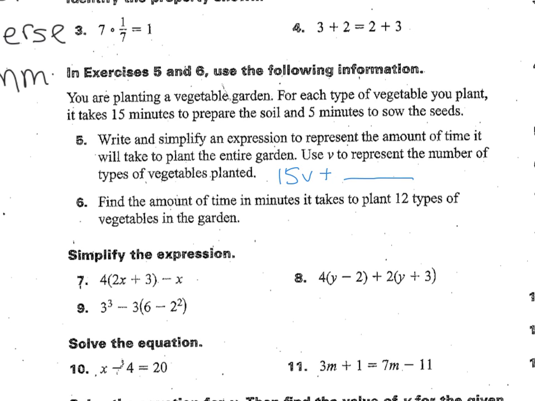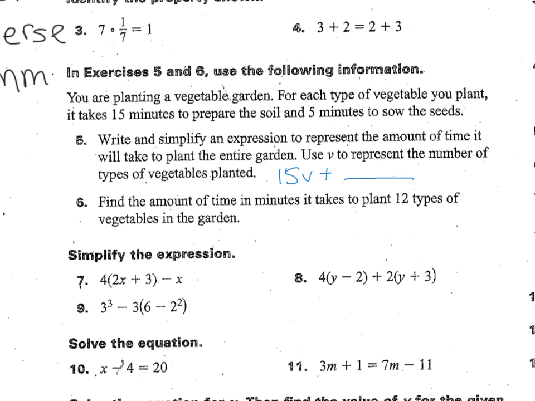Now, with what you got up here after you simplified, so you had 15V plus something, because it was 5 more minutes for each type. So it's going to go here. It says find the amount of time in minutes it takes to plant 12 types of gardens.